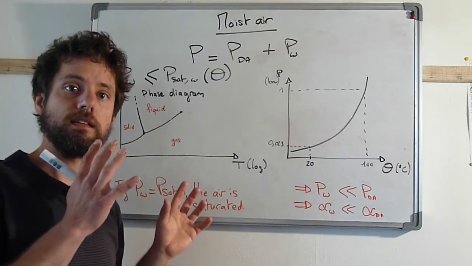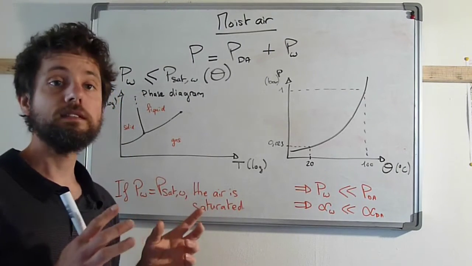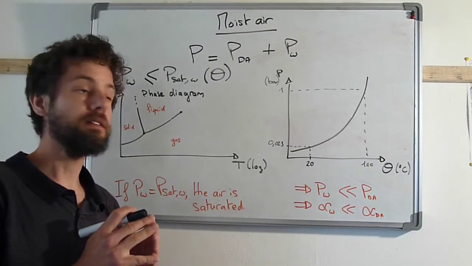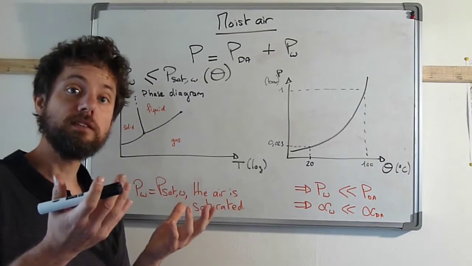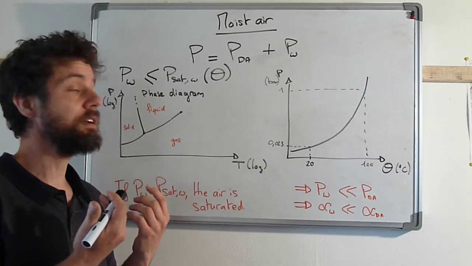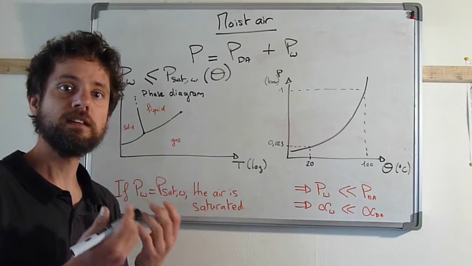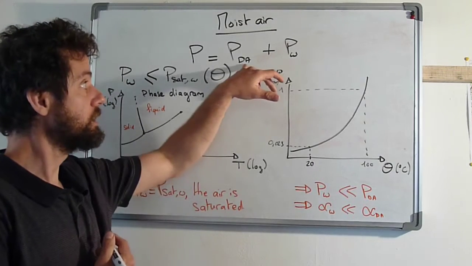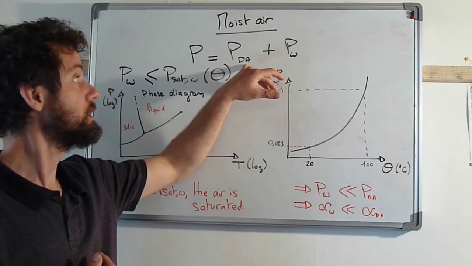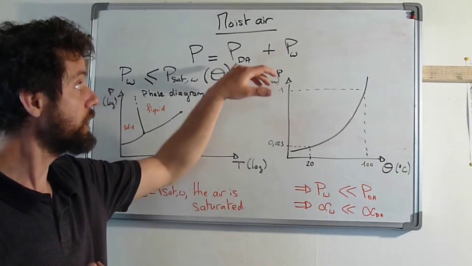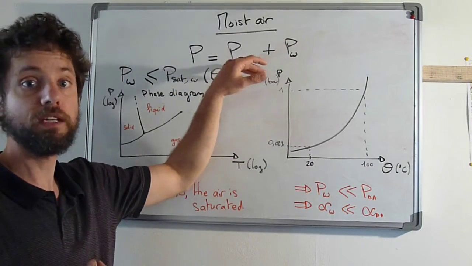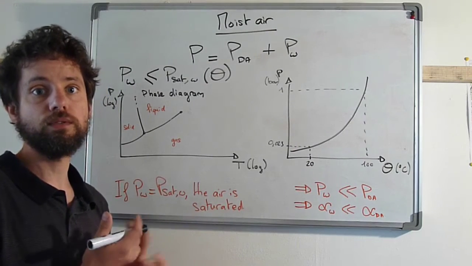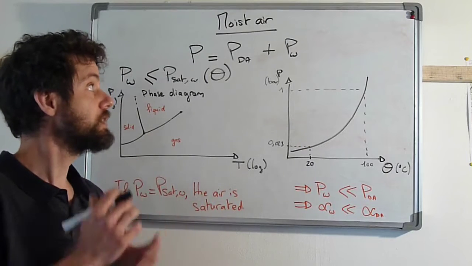So Dalton's law states that when we have a mixture of ideal gases, the mixture itself behaves like an ideal gas, and the pressure exerted by each of the gases can be divided using partial pressure, and the ratio of the partial pressure from each of the components is directly proportional to the molar fraction of each of the components.